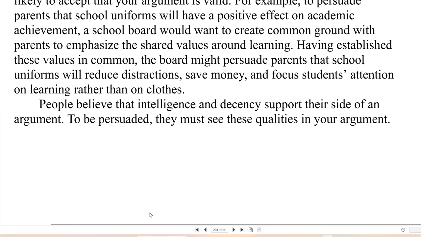So people believe that intelligence and decency support their side of an argument. To be persuaded, they must see these qualities. In other words, when you write an argument, you need to find some common ground with your audience, and that will establish trust, because if the audience knows that you share the reader's values, then the reader is more likely to believe you.